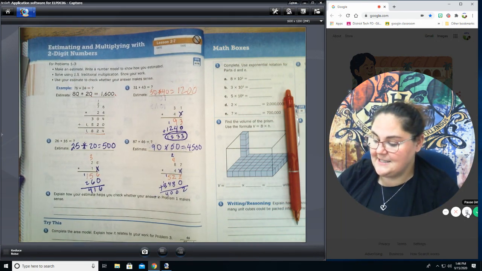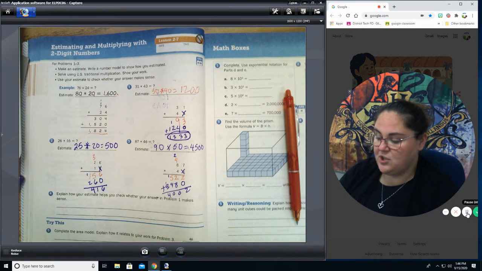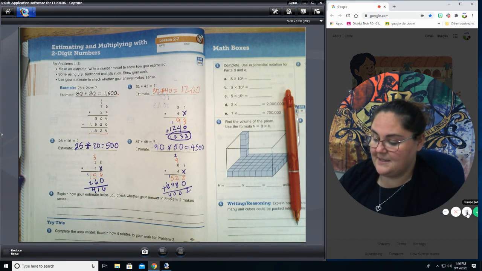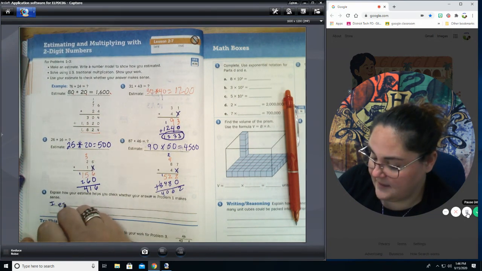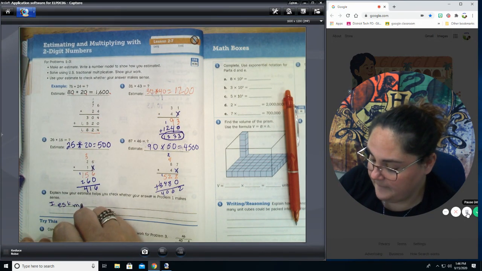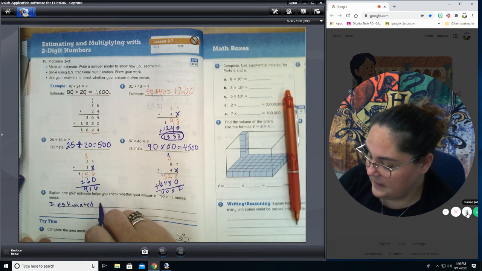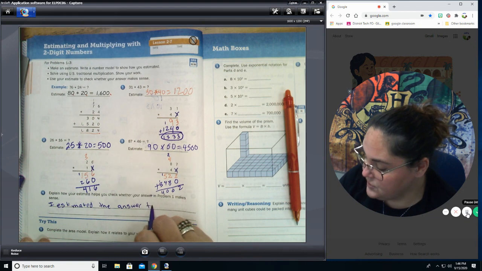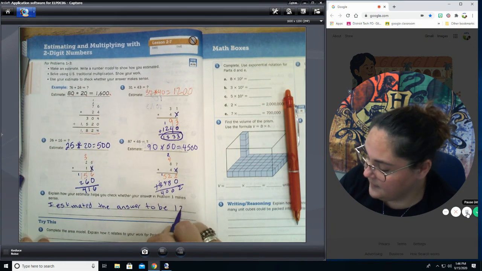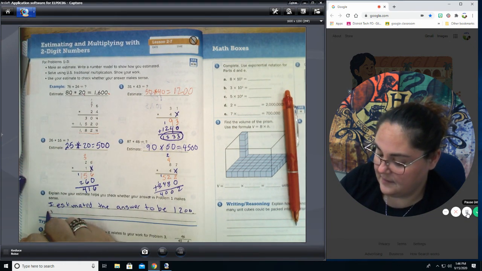Now it says, explain how your estimate helps you check whether your answer in problem 1 makes sense or not. So I estimated the answer to be 1,200.